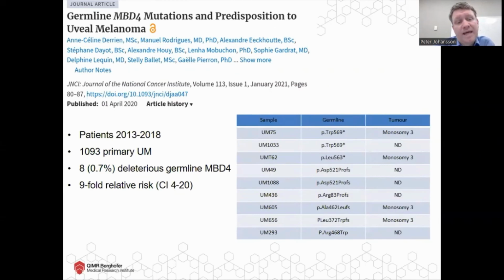They identified 8 patients with deleterious germline MBD4 mutation, or 0.7%, which is much higher than what we see in the healthy population, and translates to a 9-fold increased risk.